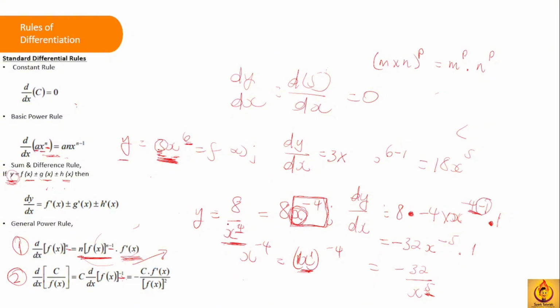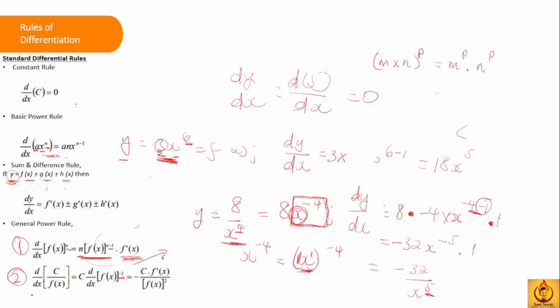So in most cases, I'm not saying that's always the case, if you're given a function that has a denominator which is a function to the power of a certain value, you'll find that the derivative will be a plus 1 of that value. In this case, we had x to the power 4, the derivative is x to the power 5.